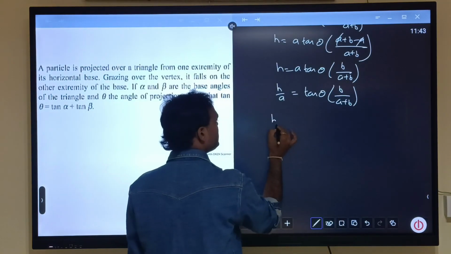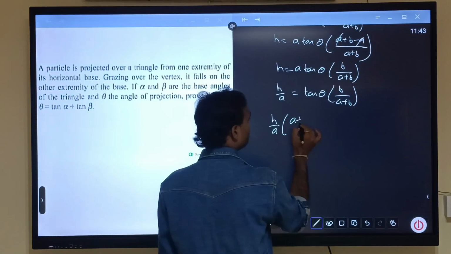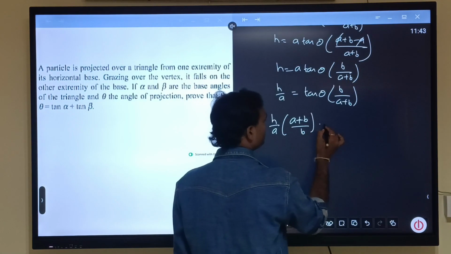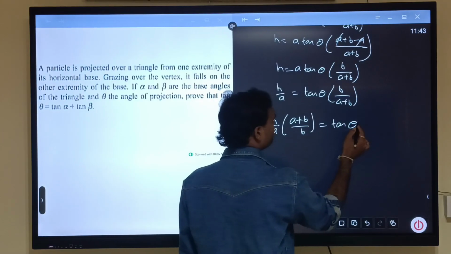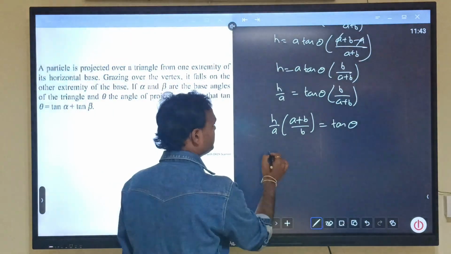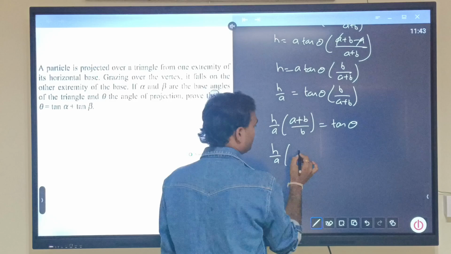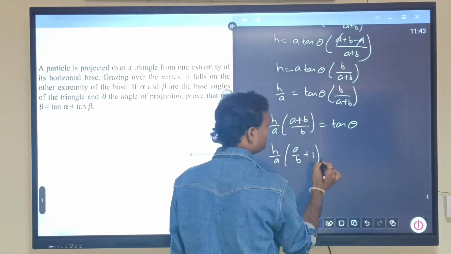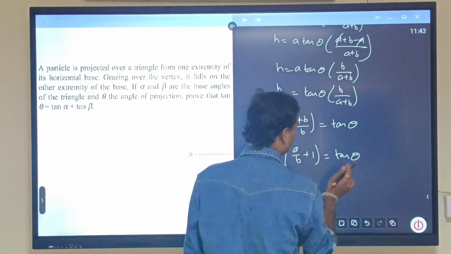Now h by a plus h by b is equal to tan theta, then h by a by b plus 1 tan theta.